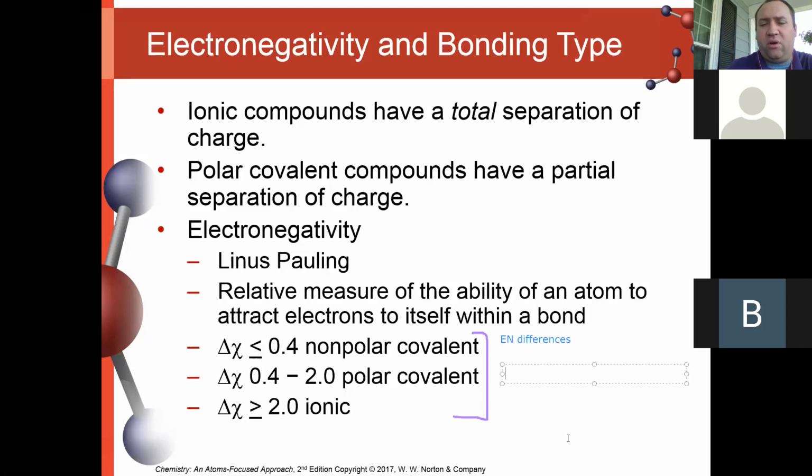Now, a couple of important notes here. First of all, the distinctions between these three are nuanced. We're giving you general cut lines here as a way to help you frame what it is. But if you come up with something that's 2.1 as opposed to 2.0, the difference there is not so pronounced that you immediately go, oh my goodness, that's ionic.